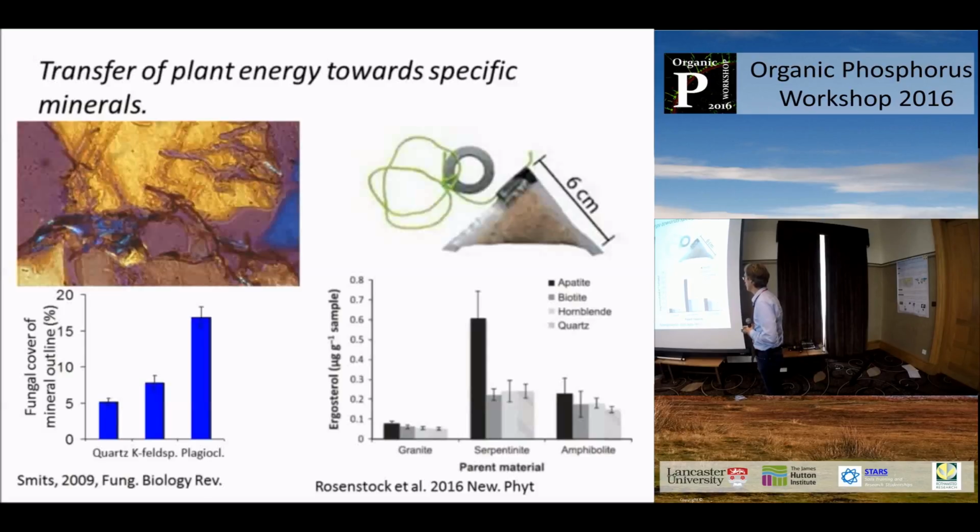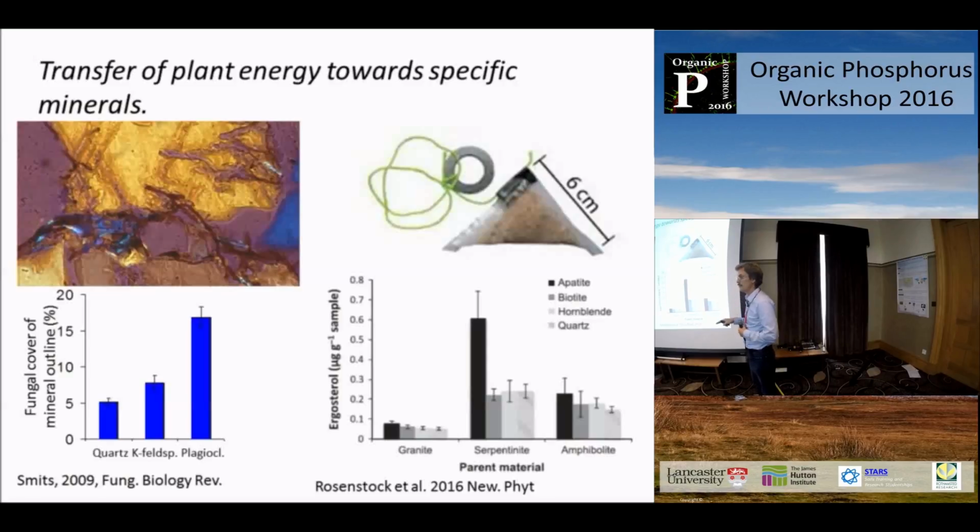We had the granite, we had the serpentinite. Serpentinite is really high in magnesium and really low in phosphorus. And then amphibolite was high in everything. And then we looked at different minerals. So we had mesh bags of apatite, with biotite, with hornblende. Hornblende is also a magnesium mineral, and with just quartz.